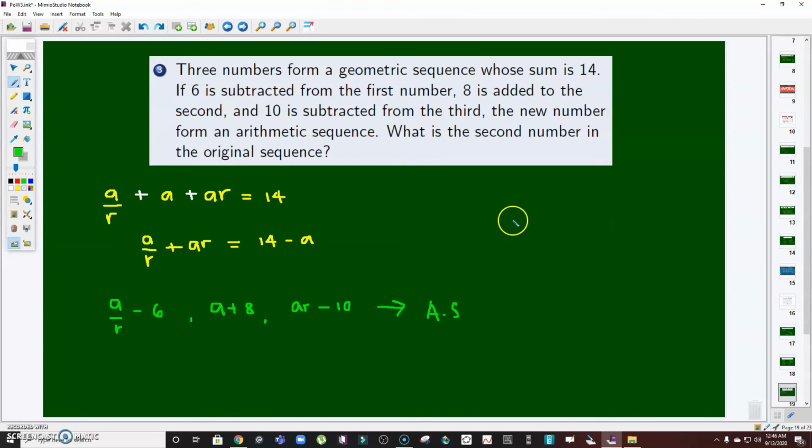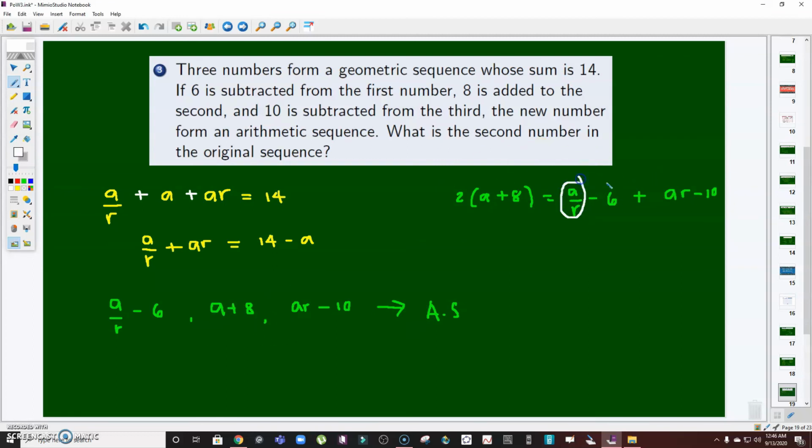Meaning to say, what I'm going to have here is 2 times (a plus 8) is equal to (a over r minus 6) plus (ar minus 10). See that? Okay, now take note of this. Why did it become like this? Because of the arithmetic sequence.